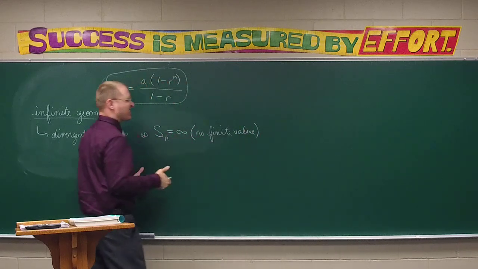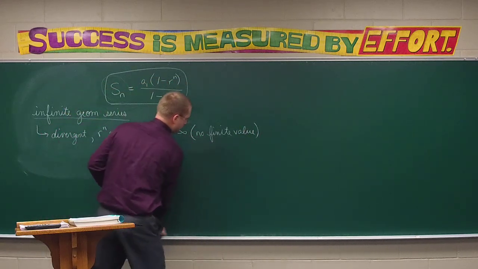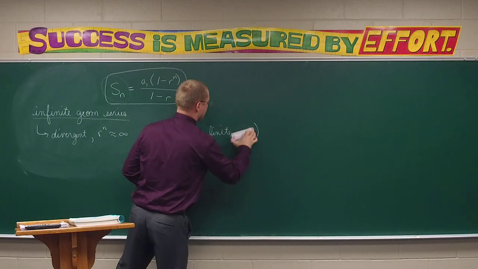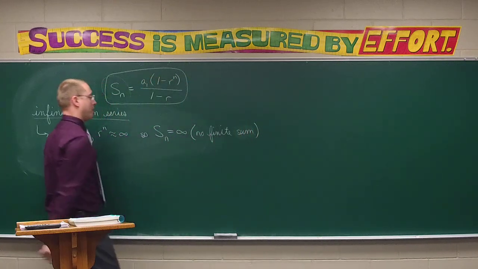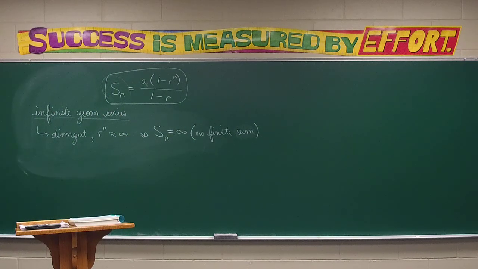Or no finite sum might be the better word, I think is how the book phrases it. The sum is no finite value. The answer would be no finite sum for a series of all the terms in an infinite series. That's if the sequence is divergent. It goes to infinity or negative infinity.